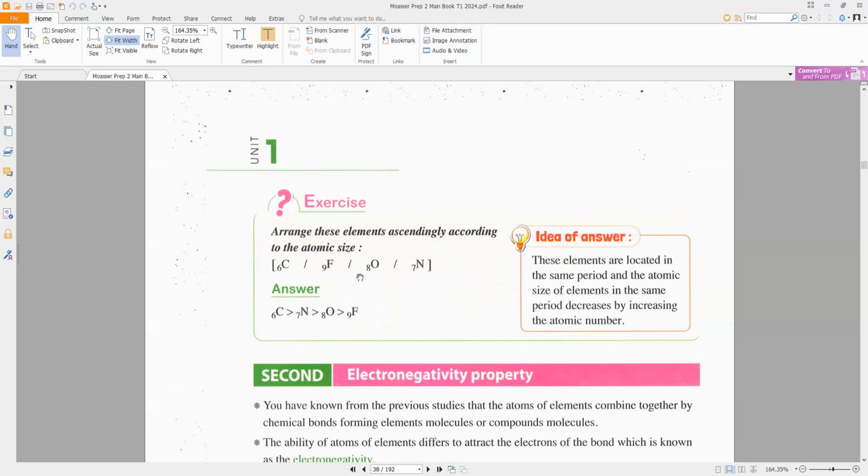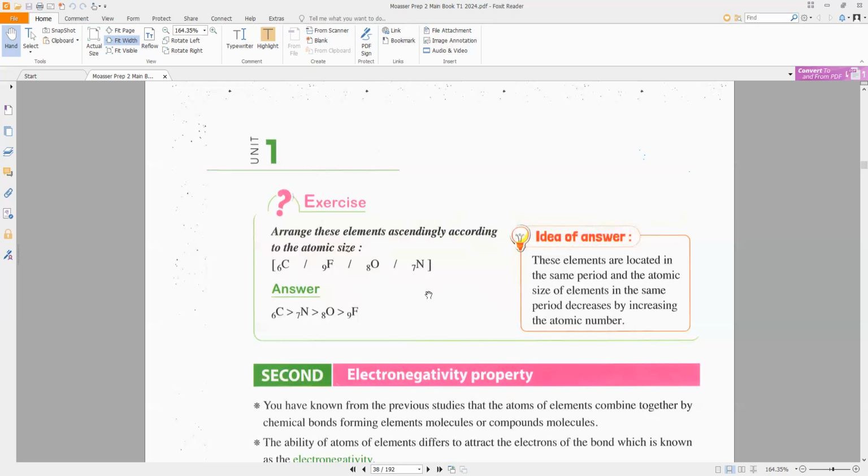Their atomic numbers are 6, 7, 8, 9. As we see, all these elements are in the same period. So in the same period, as we studied, the atomic size decreases as we move from left to right.